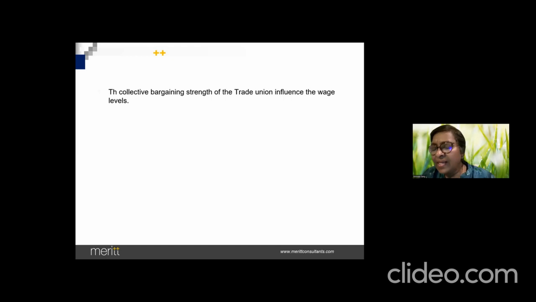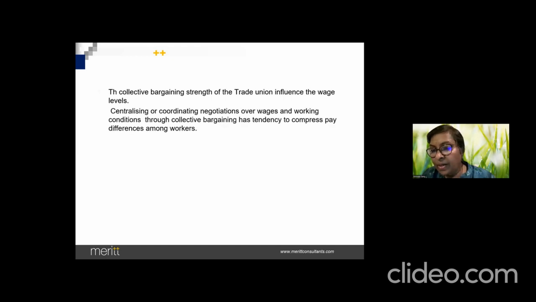It's a win-win situation. Rather than doing individual negotiation with 5,000 people, or a 1,500 to 2,000 workforce on the shop floor, the employer prefers a collective bargaining process with the entire union so that they come to a settlement, called a wage settlement, maybe once in 2 years or once in 3 years. It helps. So the collective bargaining process is one of those processes which impacts the compensation of the workers.